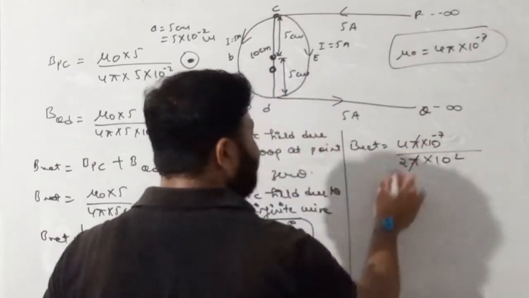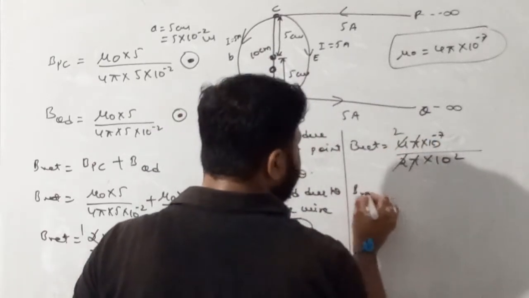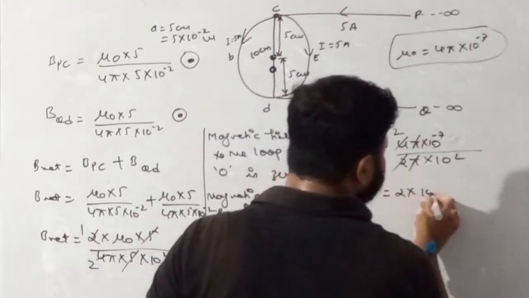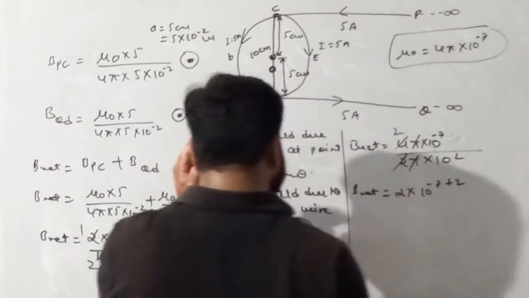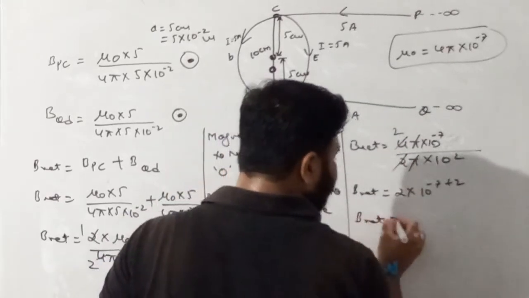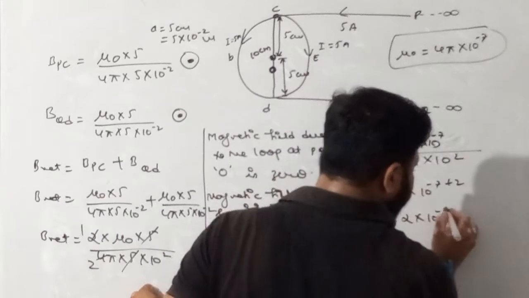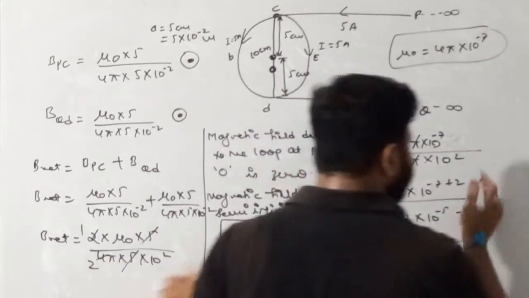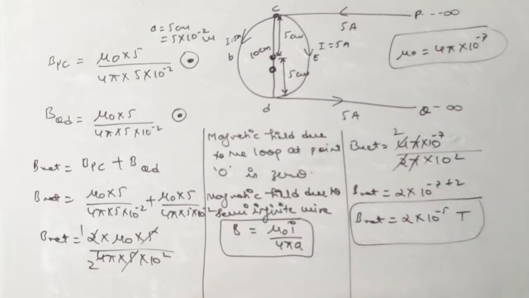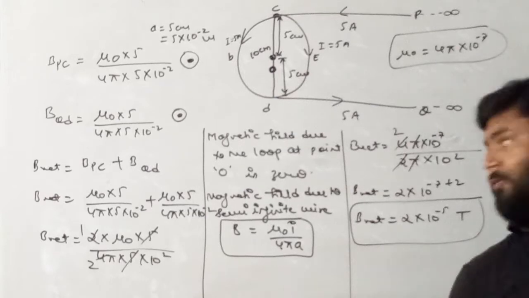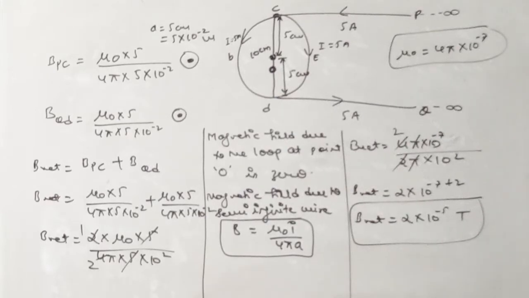So pi gets cancelled, 2 2s are 4. So B net is equal to 2 into 10 raised to the power minus 7 plus 2. So B net is equal to 2 into 10 raised to the power minus 5, and the SI unit of magnetic field is Tesla. So the net magnetic field at point O is 2 into 10 raised to the power minus 5 Tesla.